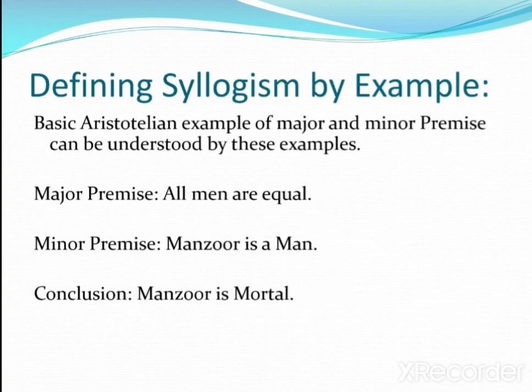Now we define what syllogism is by example. Aristotle applied this rule and told us that there are major and minor premises, and we can understand them by example. The major premise is that all men are mortal, and the minor premise is that Manzoor is a man. So the conclusion will be that Manzoor is mortal.